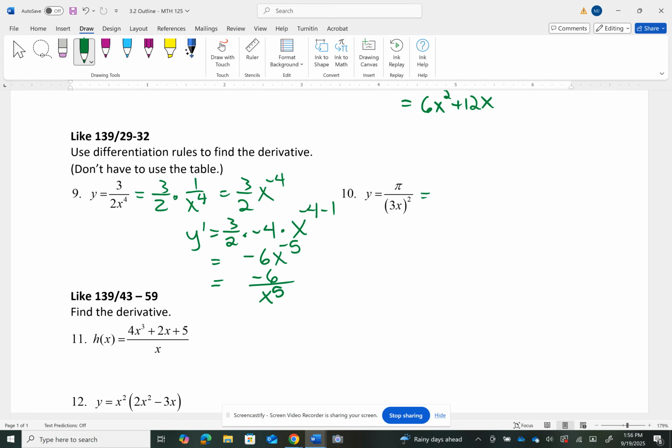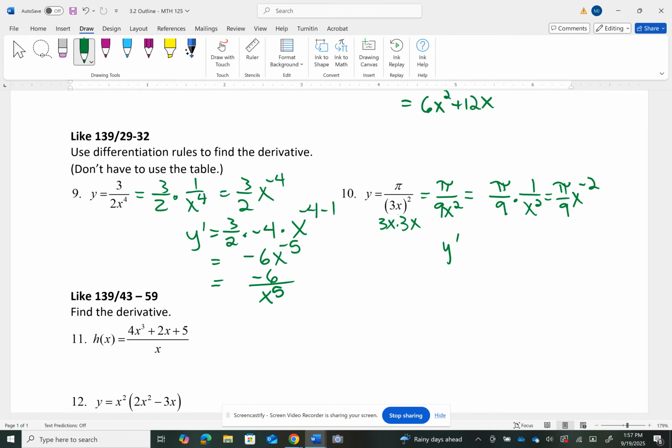All right, now with number 10, we don't know the chain rule yet, but we could still do this problem if we take a moment to take 3x and square it, which means this. So you really have a 9x squared. And then we can do a similar thing to what we did on the previous problem. Then we really have this constant, pi over 9, multiplied by 1 over x squared. So that's a pi over 9 with an x to the negative 2 power.